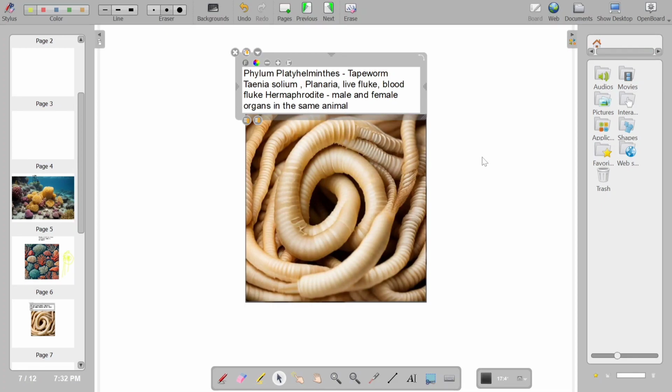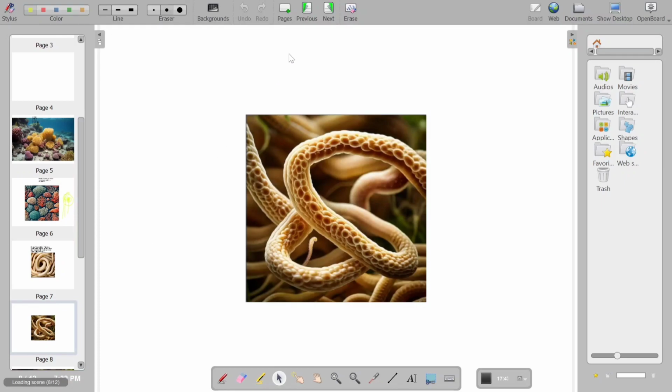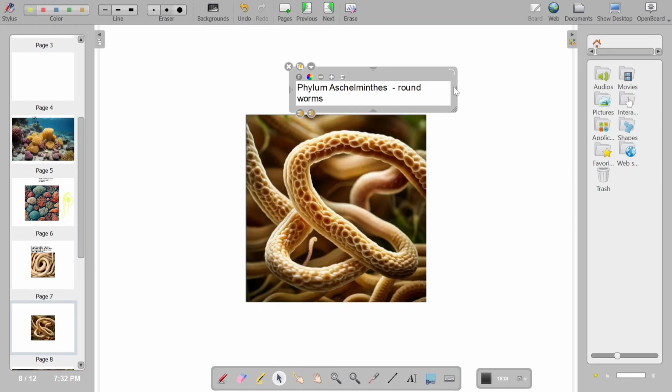Then we shall see about the phylum Aschelminthes. In this category, the example is roundworms, scientific name Ascaris lumbricoides.